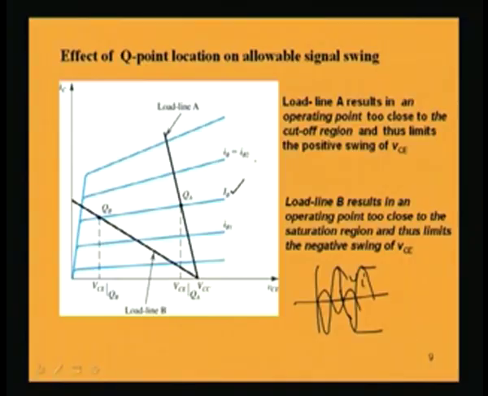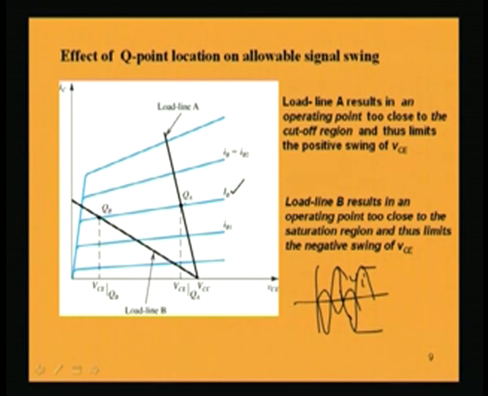Suppose I am not changing the RB value; the base resistance RB is the same, and I consider the same IB. Because the slope is different, it intersects the IB characteristic here, and by load line B it is intersecting at another point, QB.